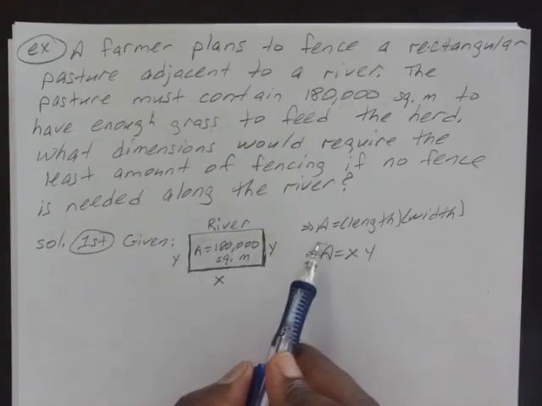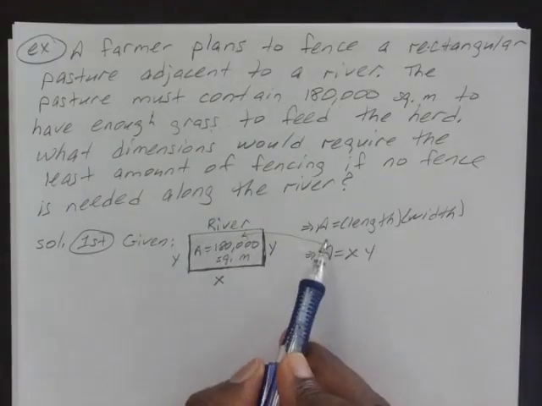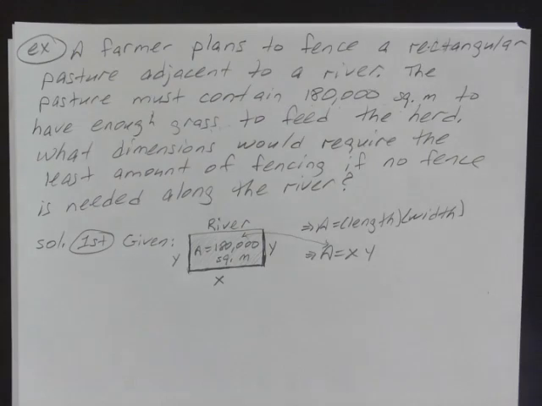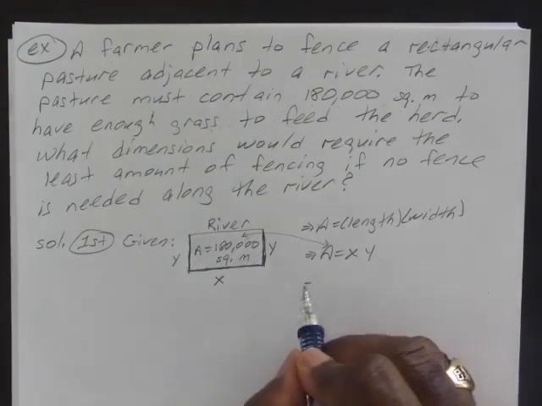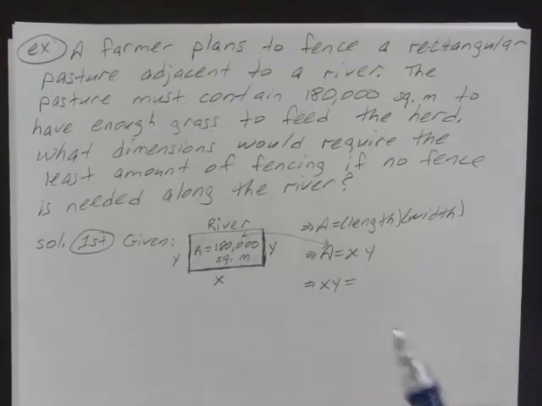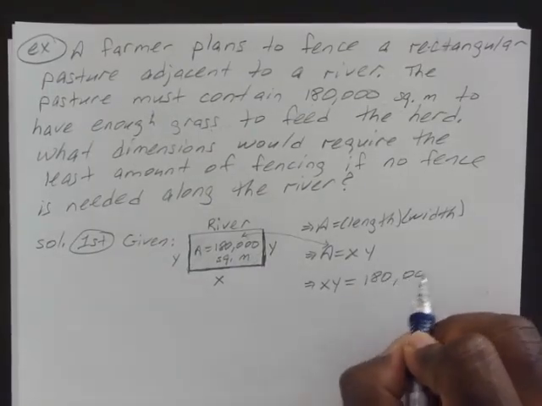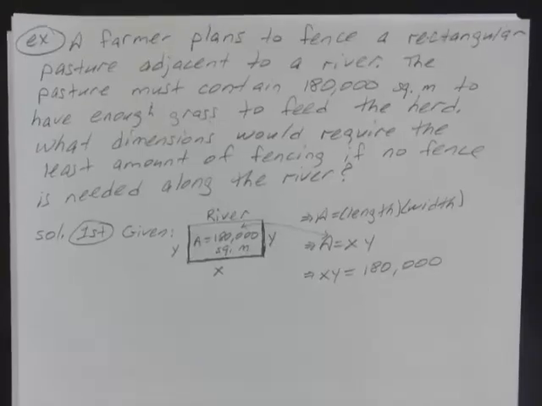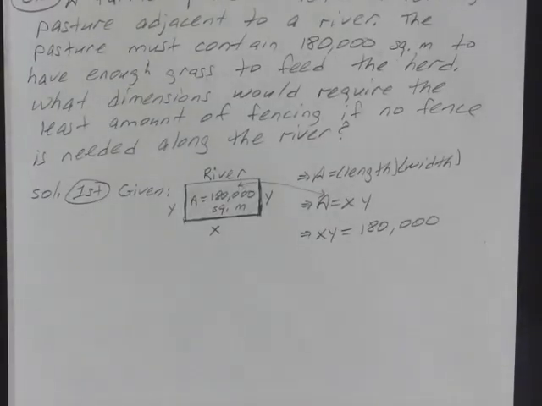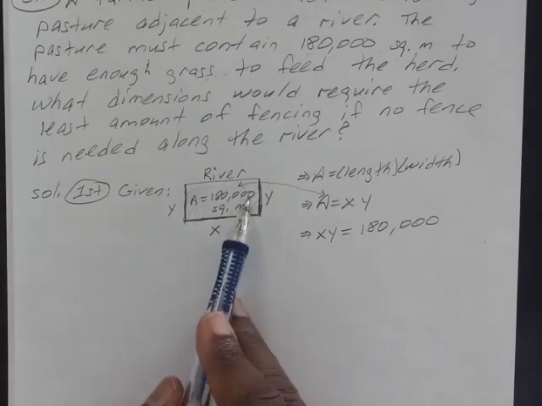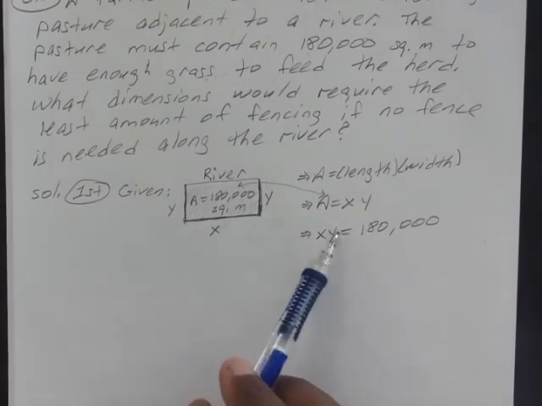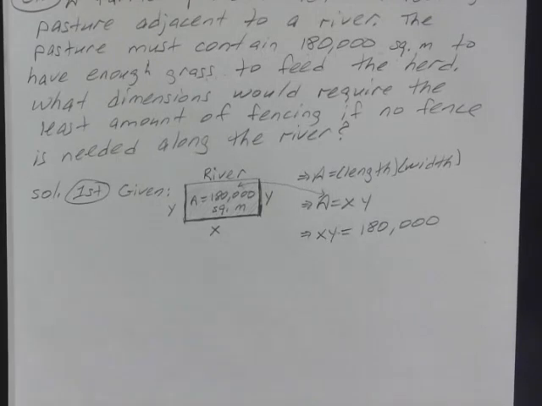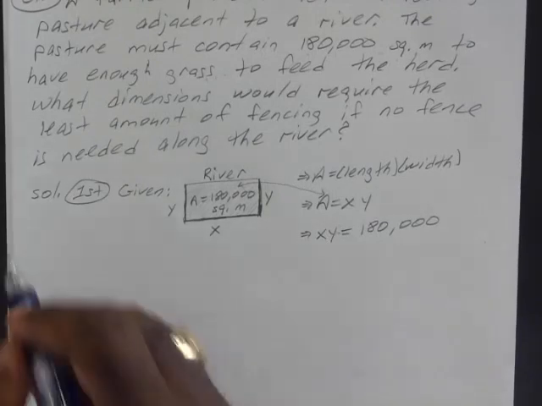Okay, well, we already know that the area is expected to be 180,000 square meters. So that gives us x times y has to equal 180,000. Okay, so we have our given, and we have what most likely will be used to produce our secondary equation. But first, we have to find our primary equation.